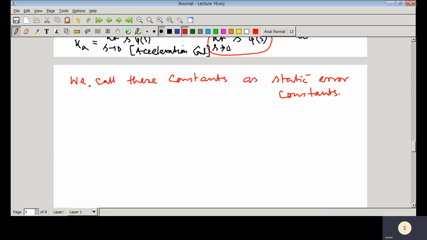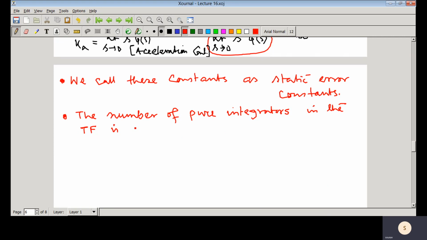So this is very important: the number of pure integrators in the transfer function is known as the type of the system. A pure integrator introduces 1 by s.